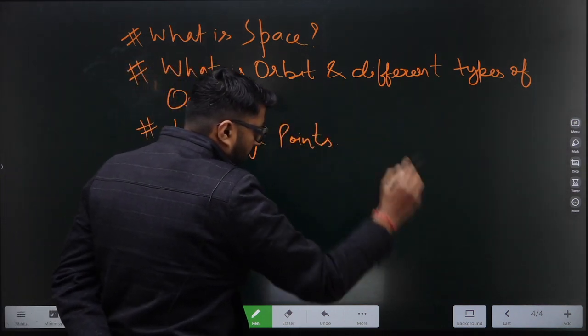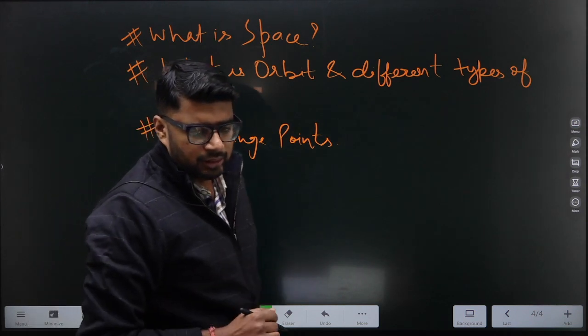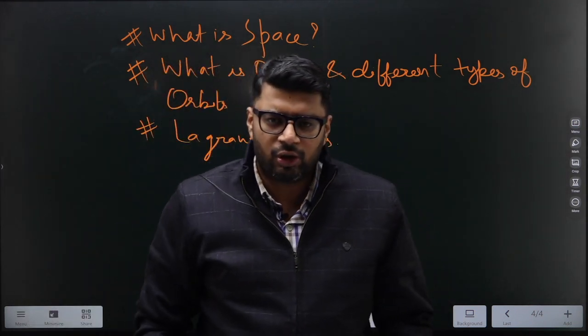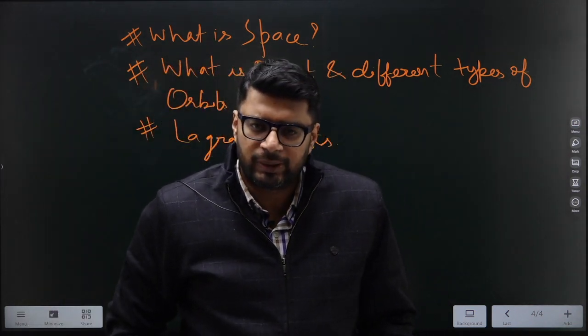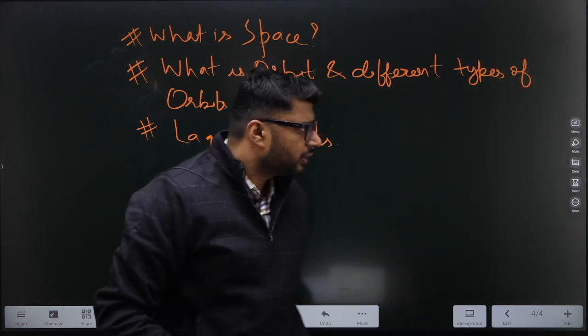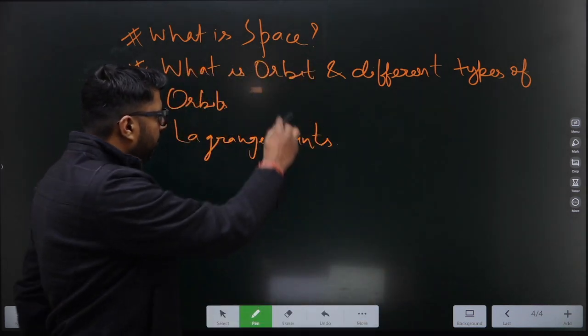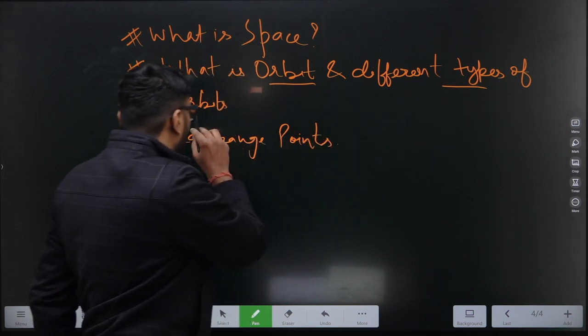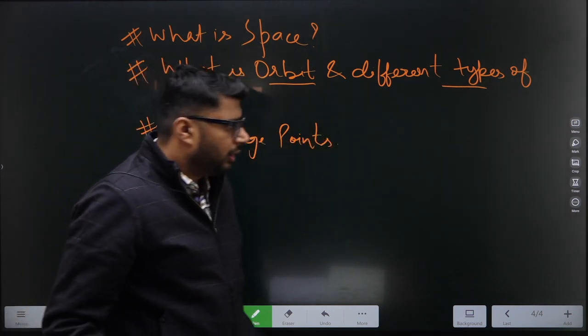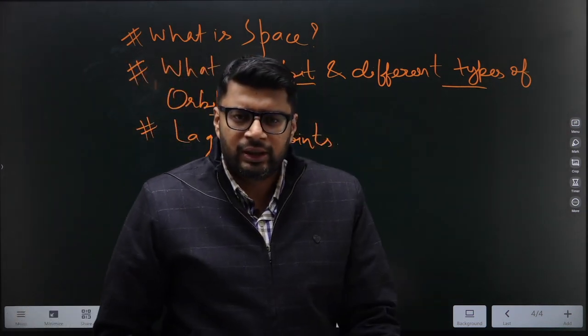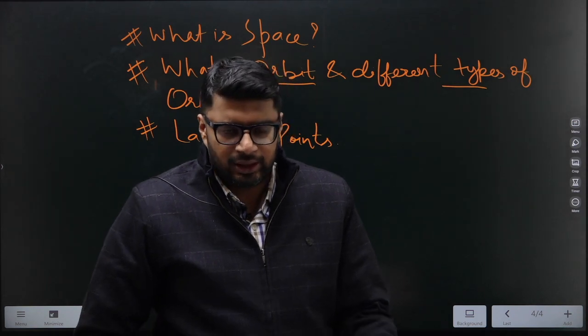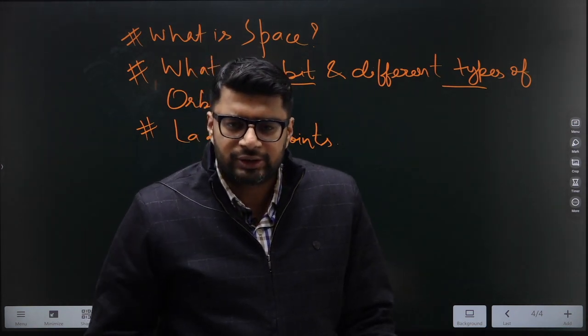If we analyze the last couple of years of the UPSC prelims question papers, at least one question is asked from this area. This area is very important for the prelims. So we will discuss these topics one by one in the later part of this lecture.